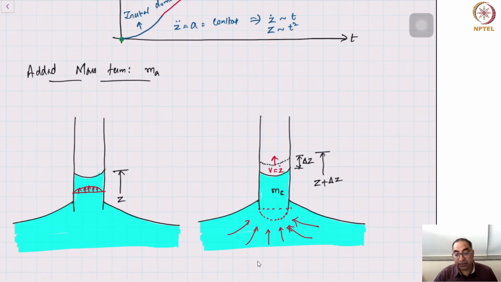We want to ask the following question: as the fluid rises from a height of z to z plus delta z with a velocity v, how much kinetic energy is being imparted to the body of fluid that is below? Therefore, I can divide this into three parts.